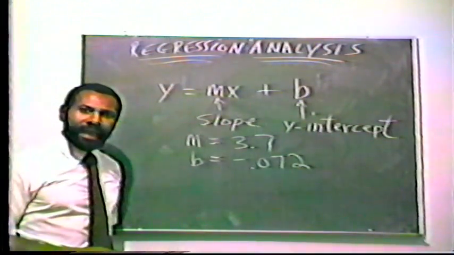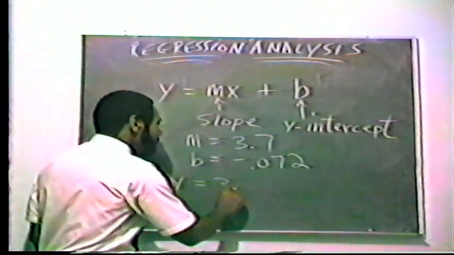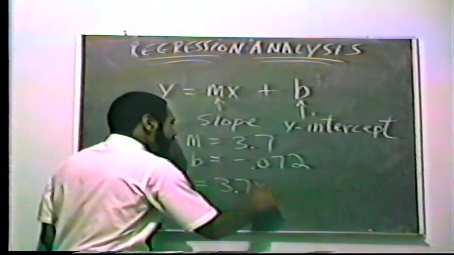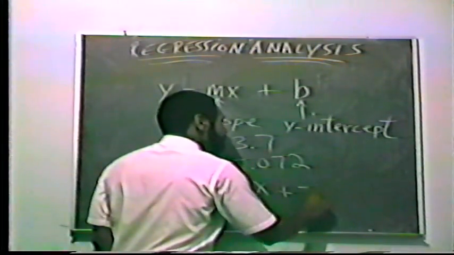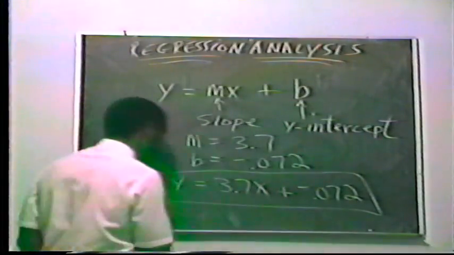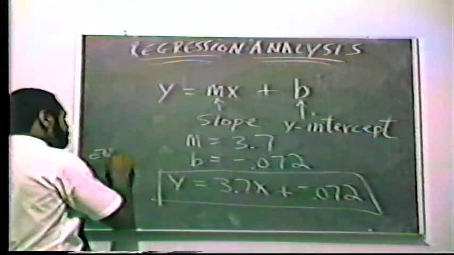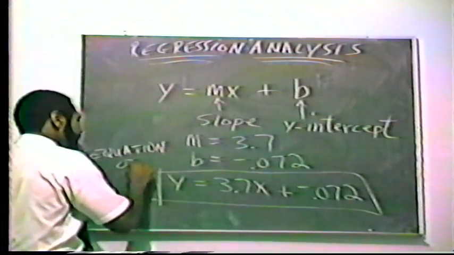The equation of the line would be y equals 3.7x plus a negative 0.072. That's the equation of the line.